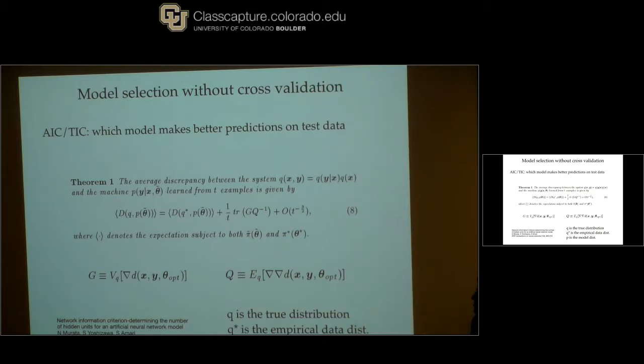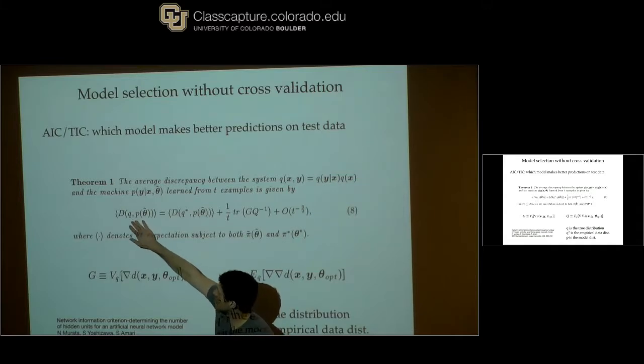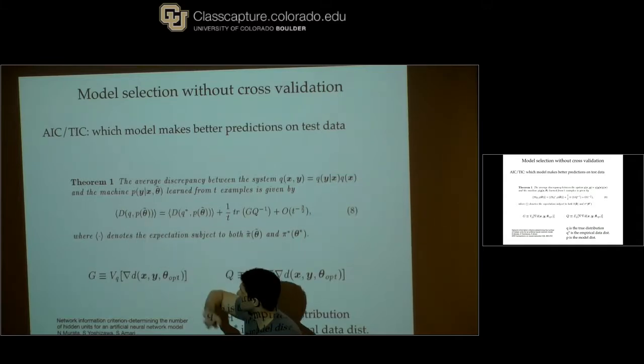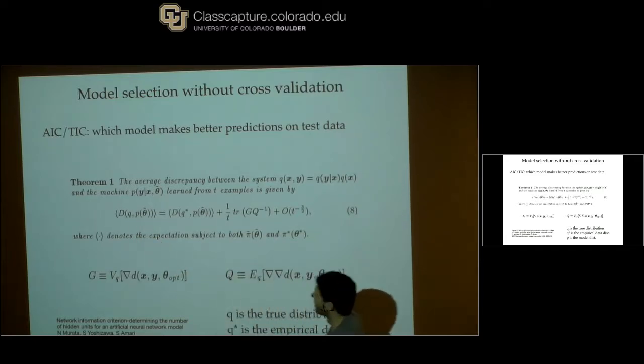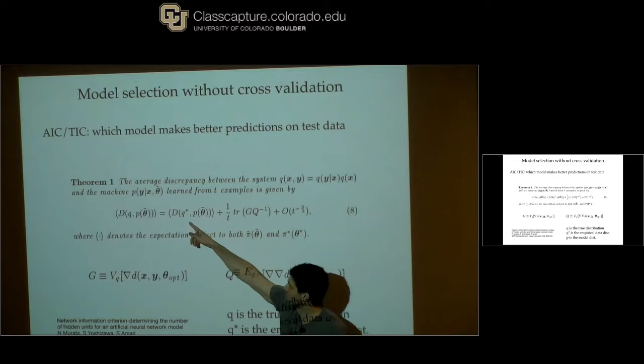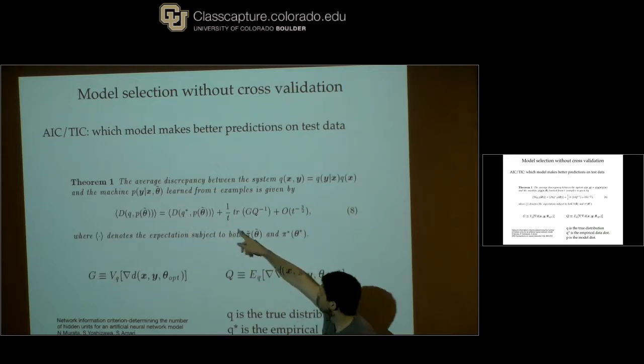So if you imagine some measure of discrepancy between distributions, that could be squared error, it could be log whatever. You can show that the true discrepancy between the true distribution and your model after you fit it is equal to the discrepancy on the empirical data plus a term.